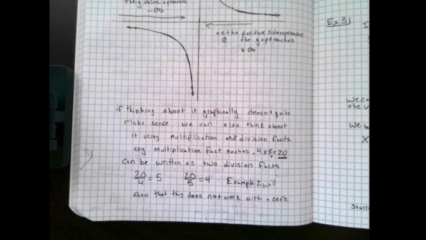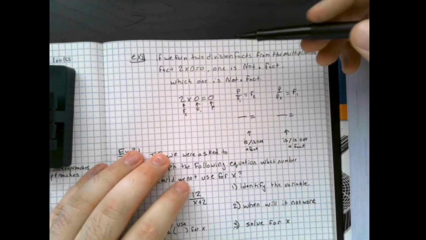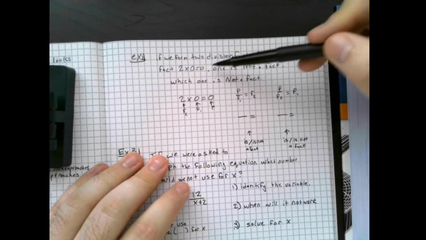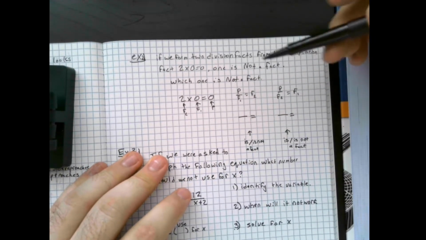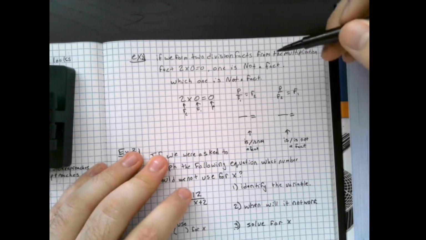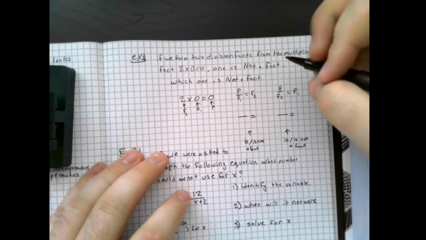In example 2 we'll show that if we try to make a multiplication problem with 0, this kind of breaks down. If we have, for example, 2 times 0 equals 0, that's a true multiplication fact. But if we make it into two division facts, it doesn't quite work.